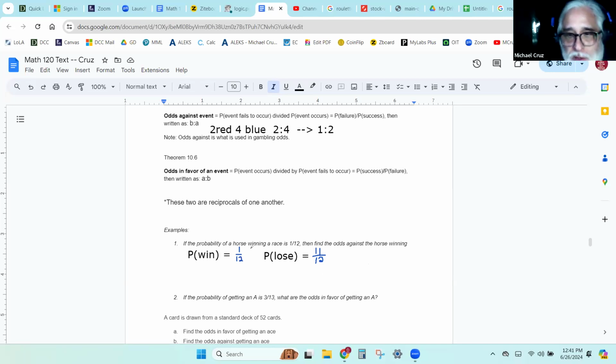All right, so this right here, not the denominator, just the numerator, is our A. And the numerator here is our B. Okay? And we want odds against. So what we're going to do is just write them as such.